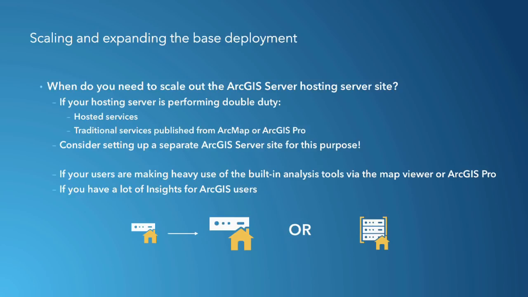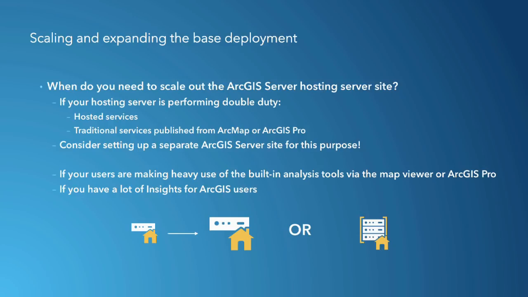If somebody goes into the portal map viewer, clicks the analysis tab and says, do a join features, new tool at 10.5.1, well, where does that analysis actually take place? Where does the compute happen? It happens on the hosting server. So now all of a sudden this machine is doing essentially geoprocessing jobs in addition to everything else you might be running on it.